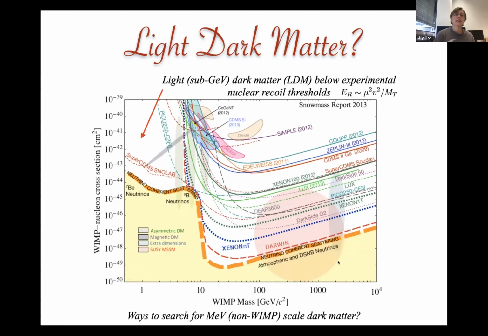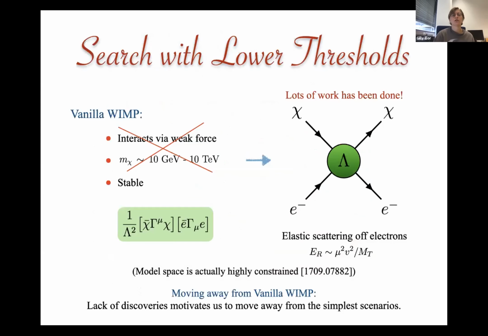You could ask, what kind of models live in this space that's below the detectable thresholds for nuclear recoils? In order to build models for this regime, you give up the vanilla WIMP paradigm. You're no longer necessarily interacting with the weak force, and you're going to much, much lighter dark matter.